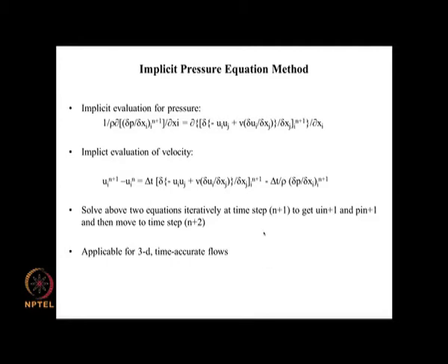In the next lecture, we will look at a pressure correction approach which is similar to this in some sense, but is one particular form of the pressure equation method, known as a semi-implicit method, which has proved to be very robust for a range of incompressible flows, both external flows and internal flows, and that is a method that we will look at in the next lecture for the solution of incompressible flows.